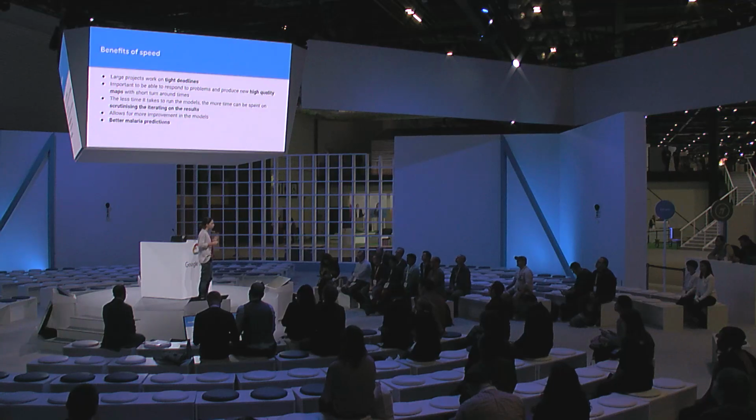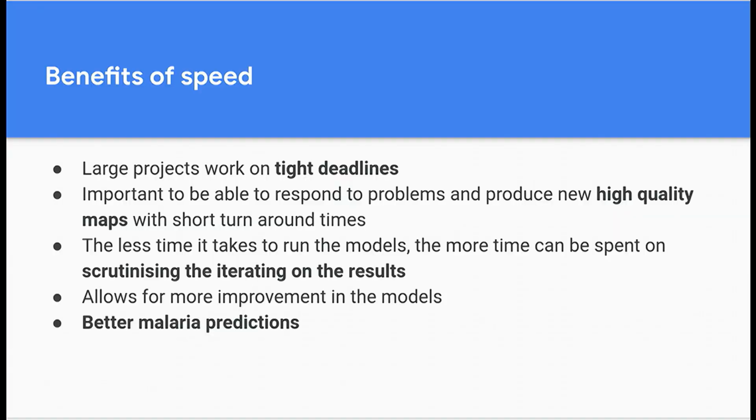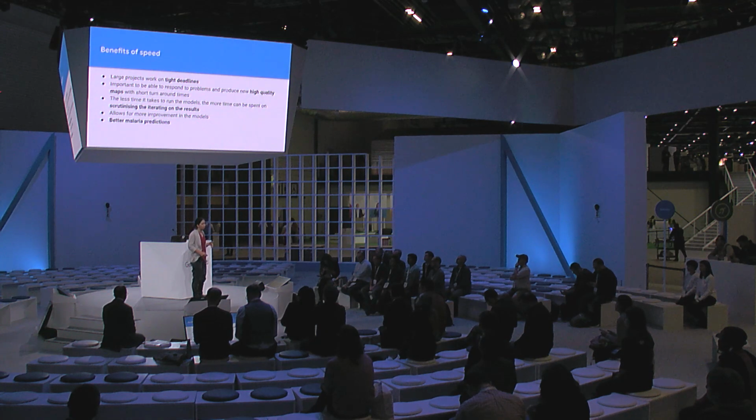And this really benefits us because we work with organizations like the WHO, who are a big organization with many tight deadlines and quick turnaround times, and so it's important for us to be able to produce high-quality maps fast. And so the less time it takes for us to run the models, the more time we can spend scrutinizing the results, iterating over the results, improving the model, improving our predictions for malaria.